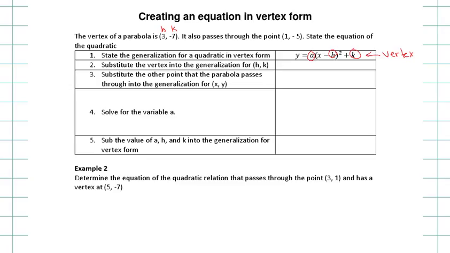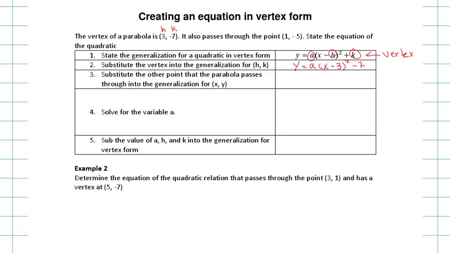So substitute the vertex into the general form for h and k. You just fill them in with the vertex. Exactly. So you see that 3 became a -3 inside the bracket, and the k stayed the same.